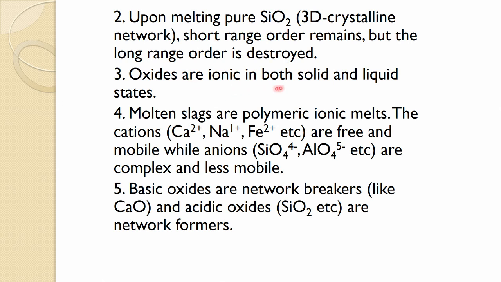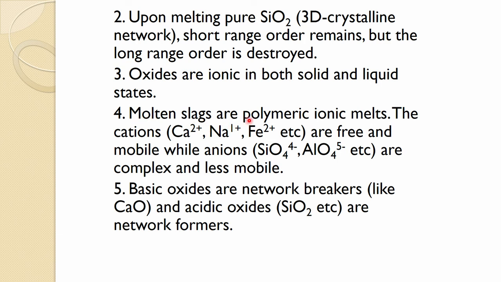Oxides are ionic in both solid and liquid state. So in the liquid state it is in an ionic form. When you say ionic, certainly ions are there in the slag.